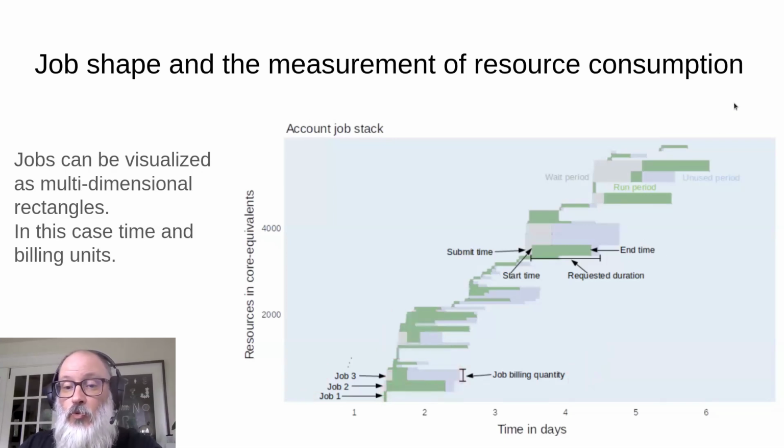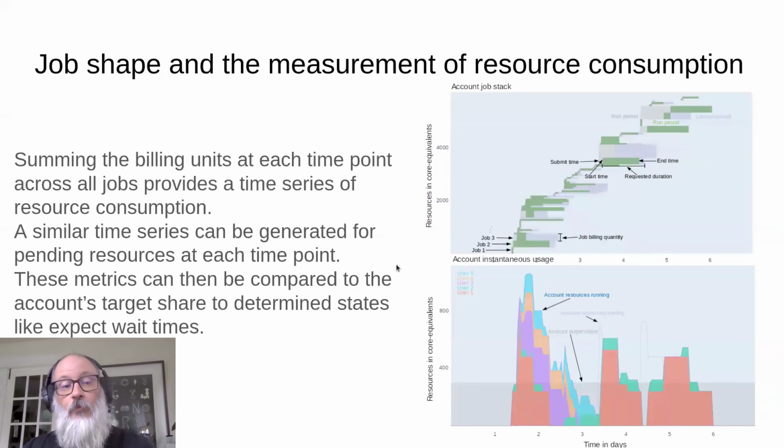So in the next slide, by summing the billing units at each time point across all the jobs, we can provide a series of resource consumption. What we're looking at at the bottom is really the key to understanding when there might be wait times, and understanding if there's anything that a research group should focus on reducing the billing of a particular workload.